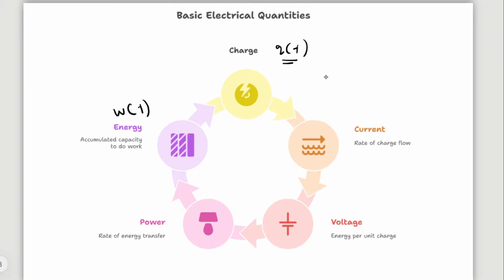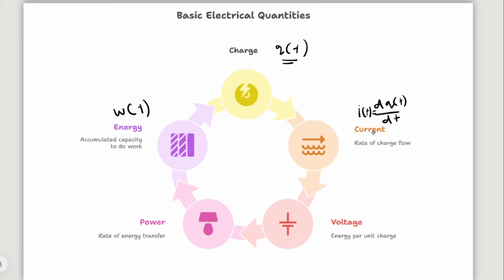From this I can define current as dq by dt. Here q is a function of time, so dq of t by dt is current, i of t.